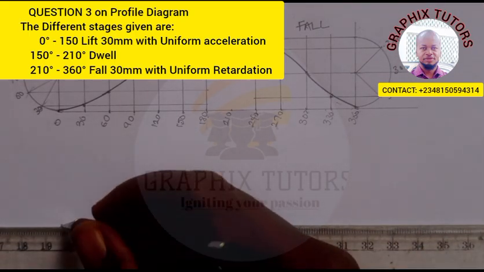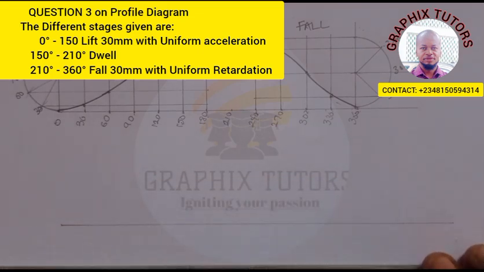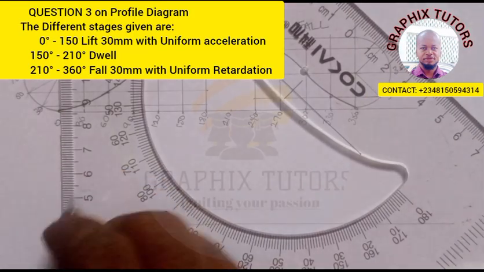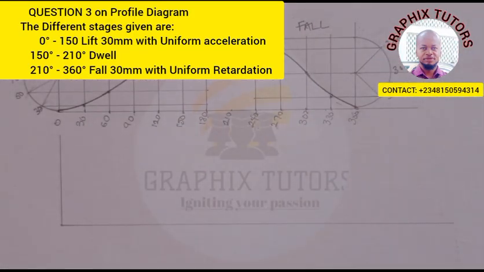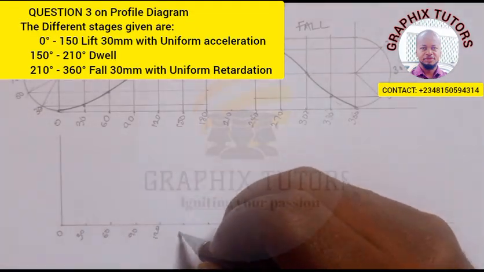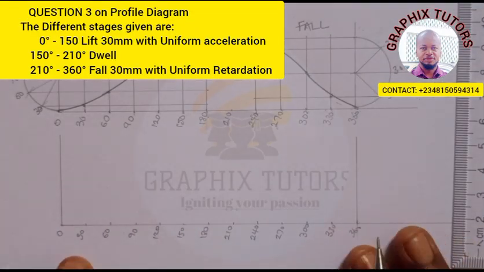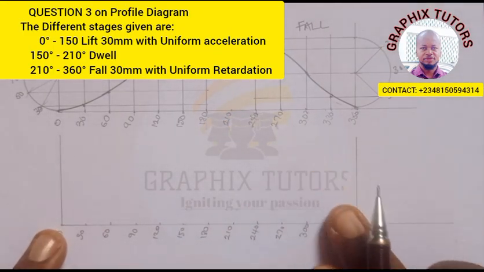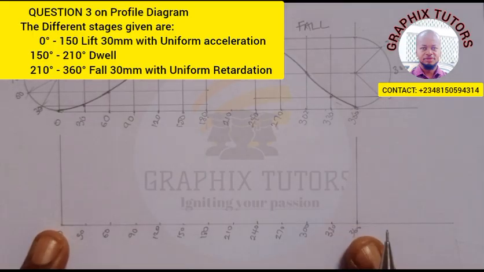I'll draw it out, the same procedure, and I'll take it up also, right? And I'll do the same thing I did in the previous one. This is for uniform acceleration and retardation. So it rises with uniform acceleration and it falls with uniform deceleration or retardation.